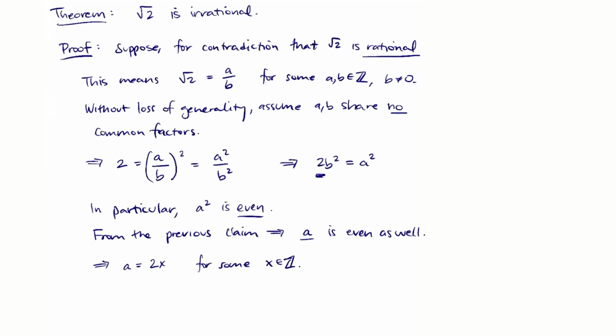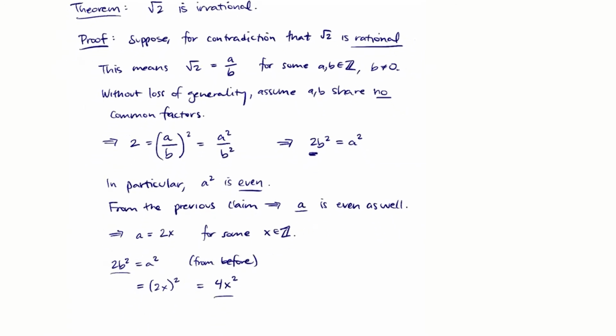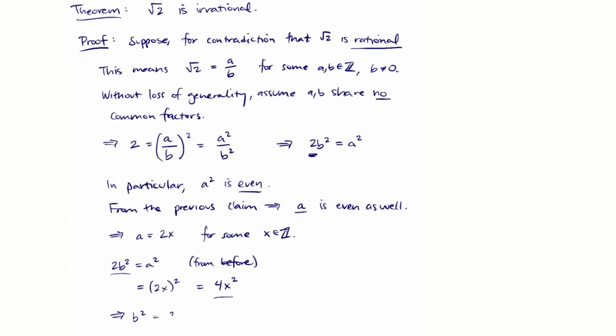Now let's go back to the expression that we had before. So I know 2b squared equals a squared from before, and this is equal to 2x squared, plugging in what we just had, which is equal to 4x squared. So now what do I have? I've got 2b squared is equal to 4x squared. Cancel out one of the 2's, and I get that b squared is equal to 2x squared.